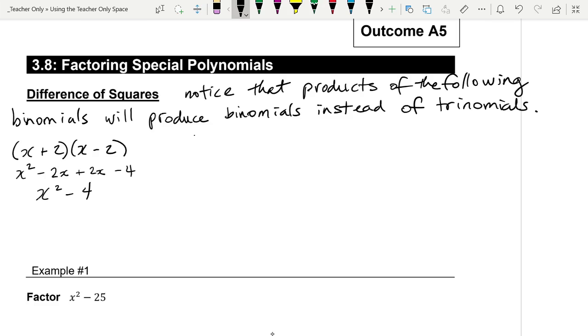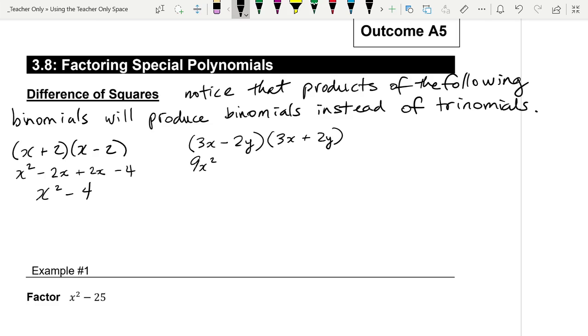How about if we had, say, 3x minus 2y and 3x plus 2y? Well, if you multiply that out, you're going to get 9x squared for first times first.